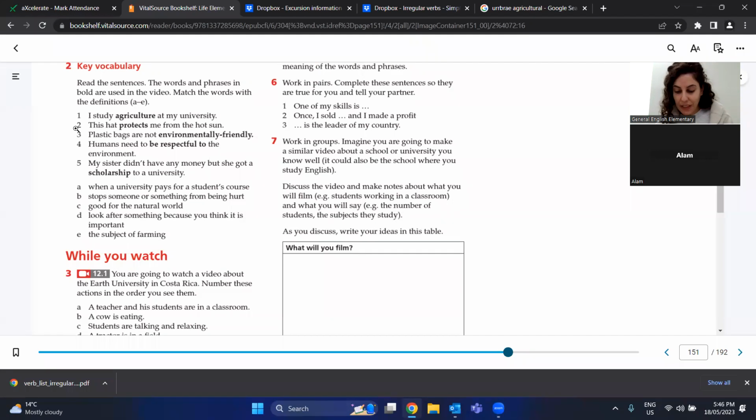2B. This hat protects me from the hot sun. The hat is stopping someone from being hurt by the sun. So 2B, and we had 1E. If I said plastic bags are not environmentally friendly, what does environmentally friendly mean?